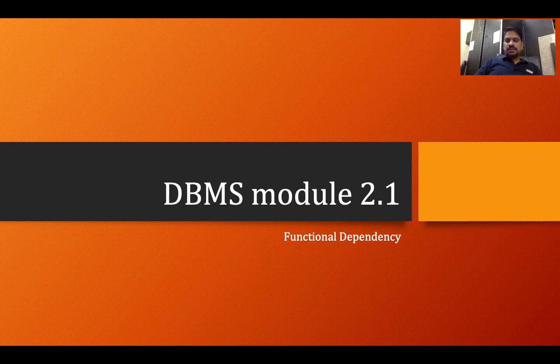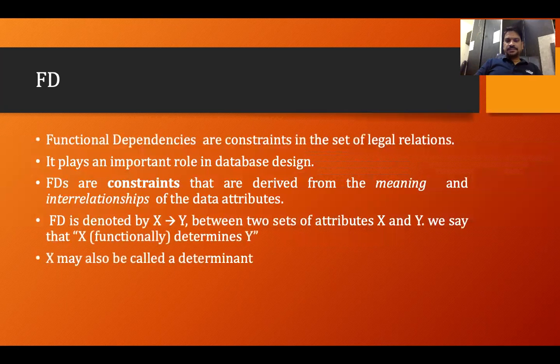So if we go to functional dependency, what do you understand by functional dependency? Now, as you can see here, we are talking about dependencies. Dependencies means one attribute of a table.